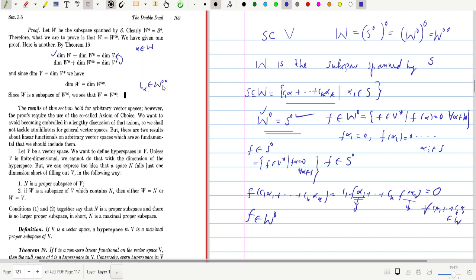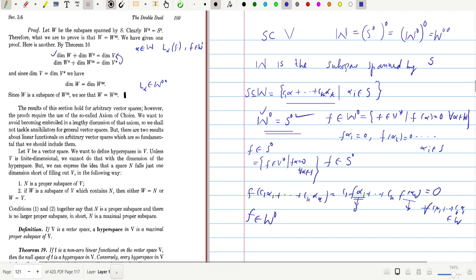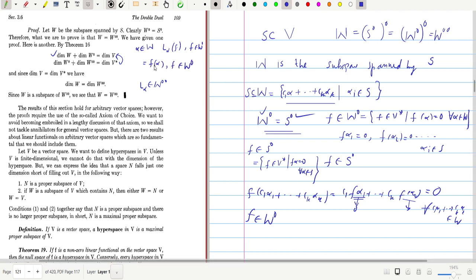So this W double naught is a subset of V double star. So alpha belongs to W. Then you consider L alpha. What is L alpha of F for F belongs to W naught?